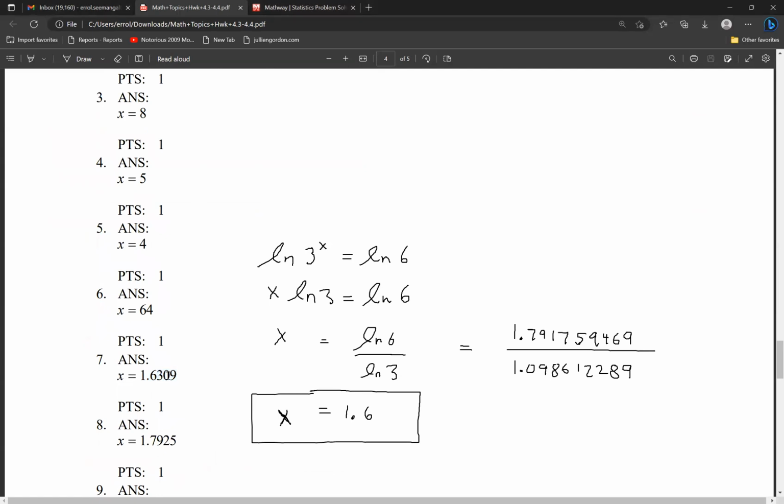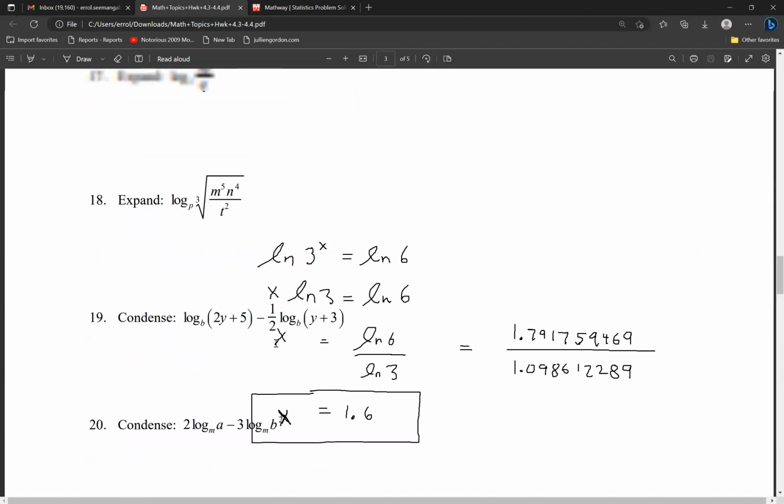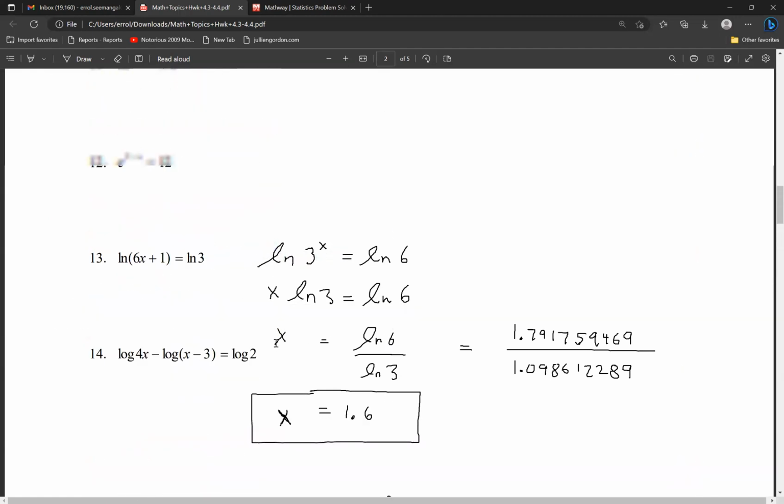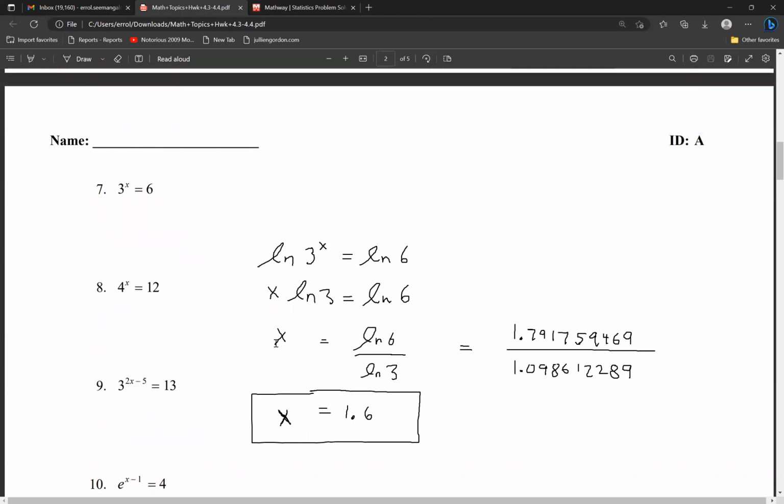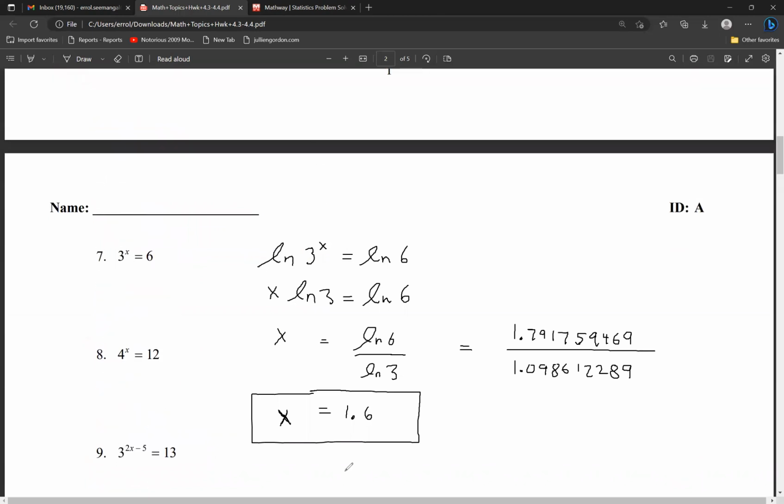So just round it to 2 decimals, maybe 1.63. That question just uses your log rules. So if I just divided ln 6 by ln 3, it would get me the same answer, right? Yep. Some calculators you can put the whole thing in, some calculators you'll have to do it one by one.